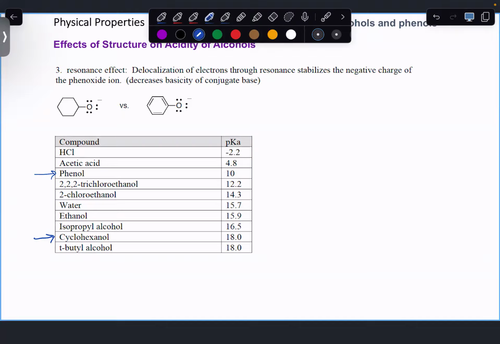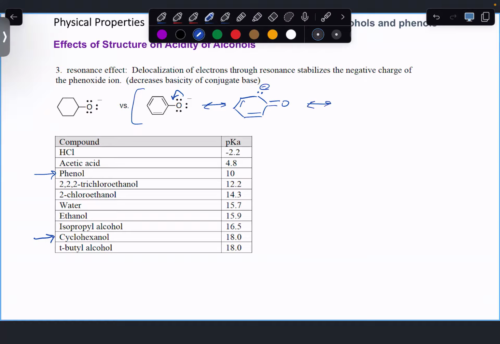I can take the conjugate base of phenol and draw a whole bunch of other resonance forms where that negative charge gets delocalized into the ring. So that would be one.